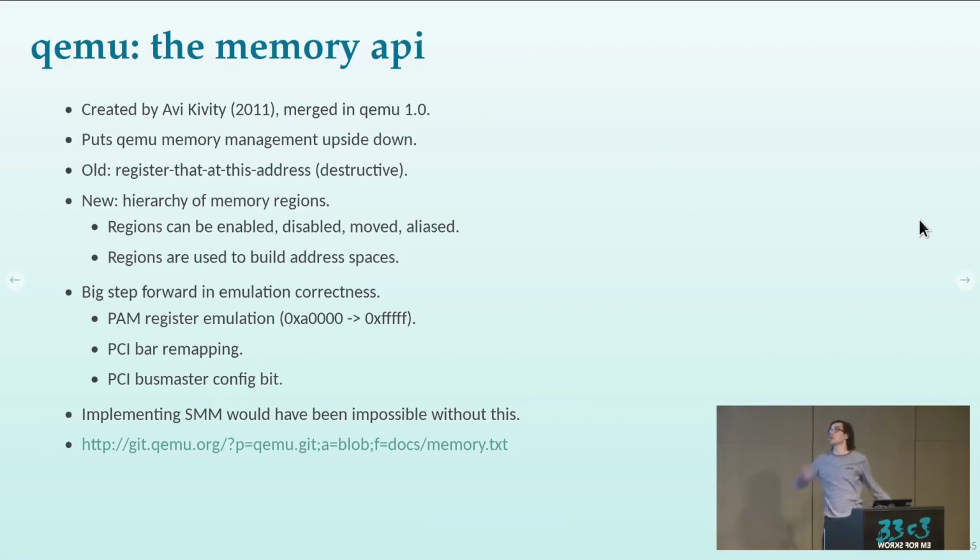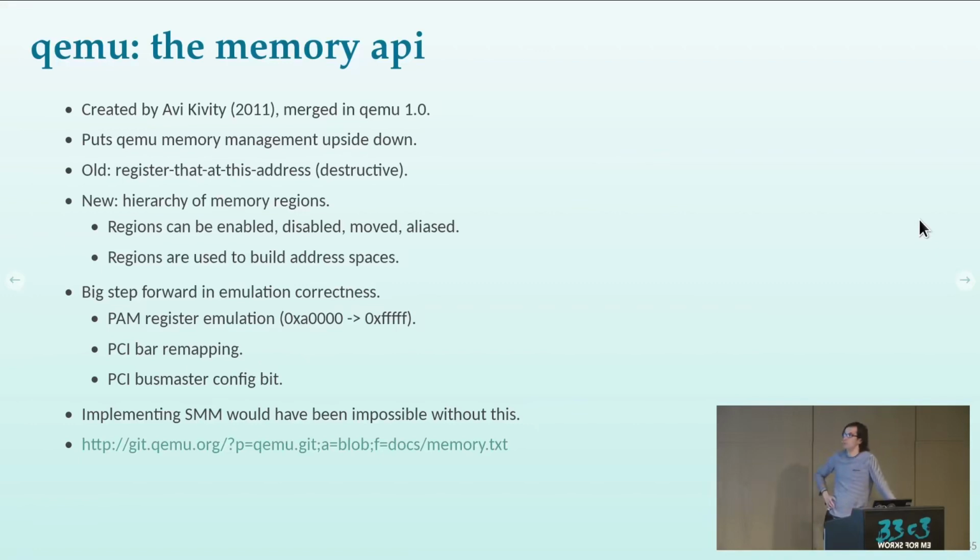Before, older versions of QEMU had a very simple scheme for registering memory and MMIO regions. You just register it and it stays there until QEMU exits. And if you register something else at the same address, what was there before just goes away.